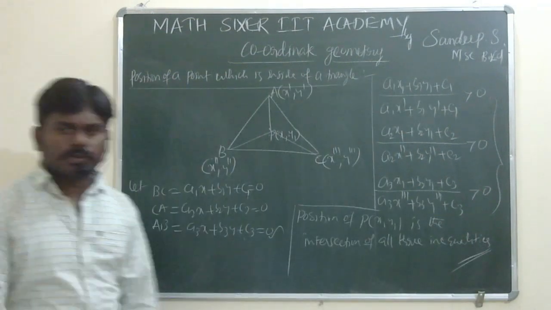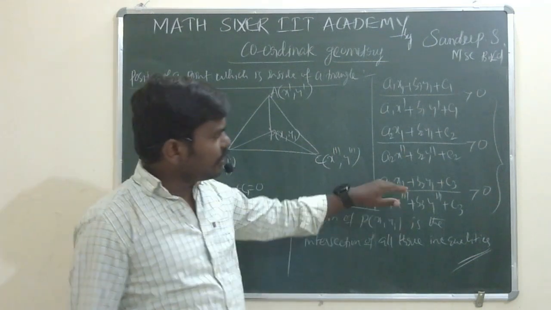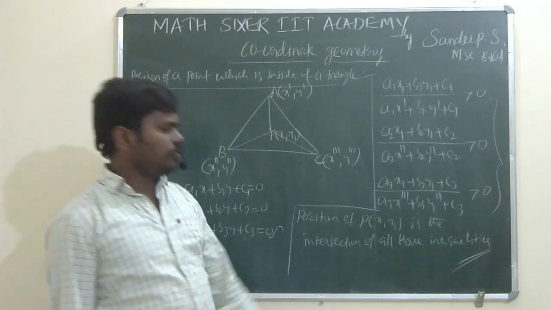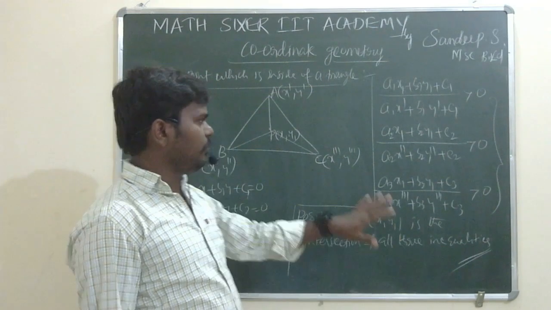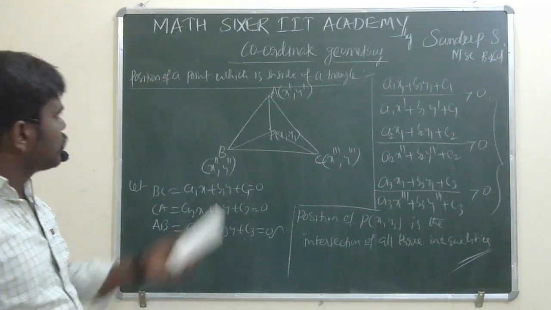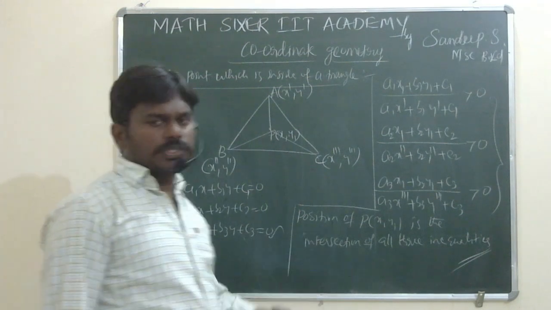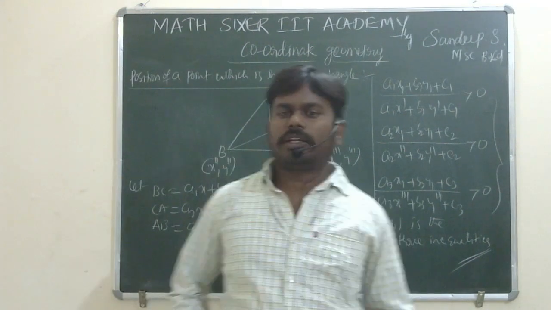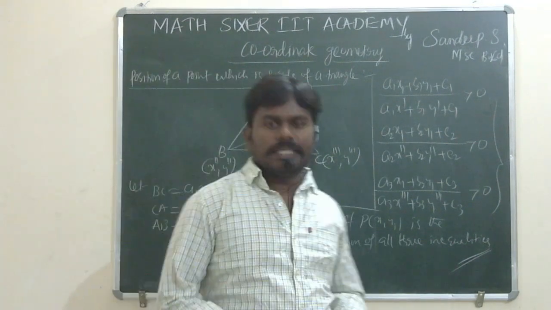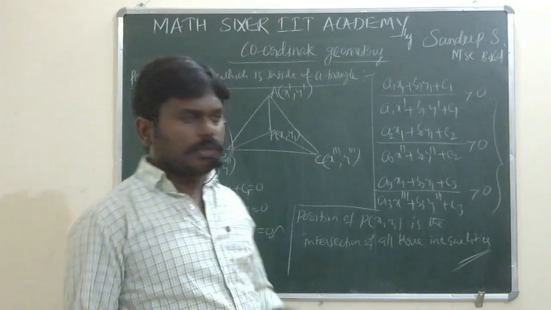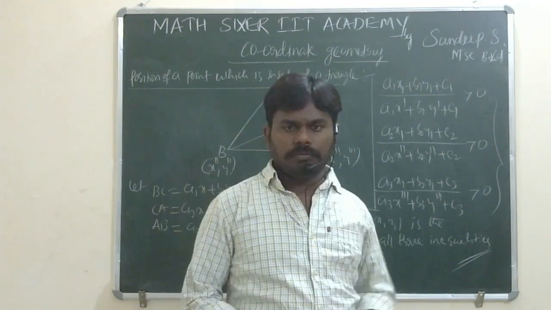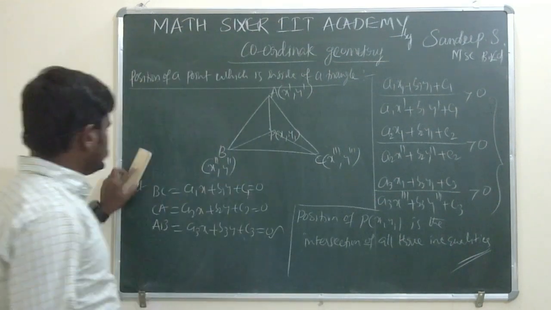After solving all these three inequalities, we'll get the position of the point x1 comma y1 which is inside of the triangle. Okay, so this is the common procedure, but here we have a shortcut to find the answer easily. That also we will discuss, because always solving three inequalities takes much time. So we will see that also.